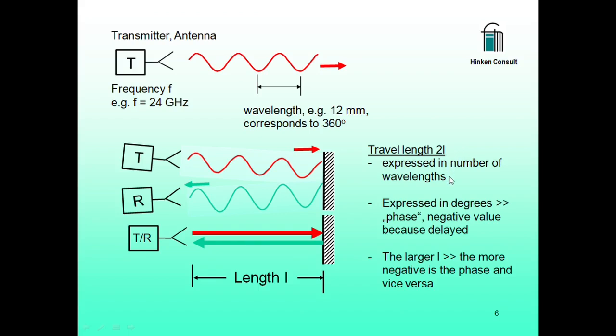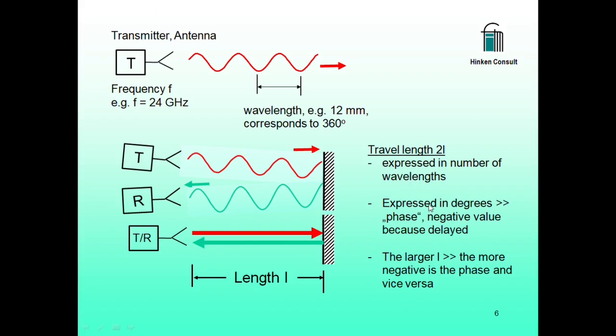So the travel length is 2 wavelengths. As I mentioned, sometimes it's also expressed in degrees. That would be 2 times 360 degrees, that is 720 degrees.